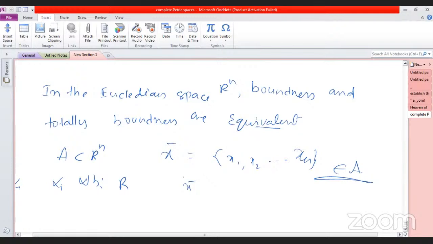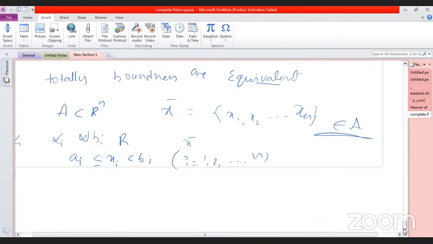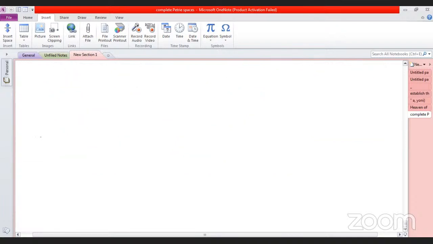Not depending on X bar means we do not use X1, X2, Xn, we use these values. Bi less than Xi less than Bi. Epsilon greater than 0. 0 less than lambda less than epsilon by root n.